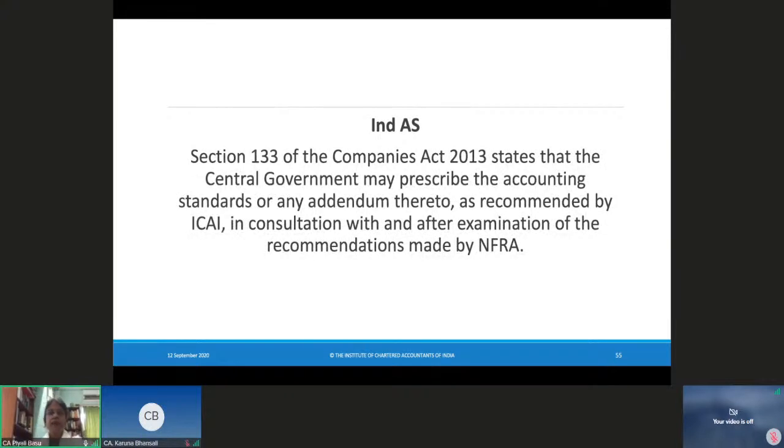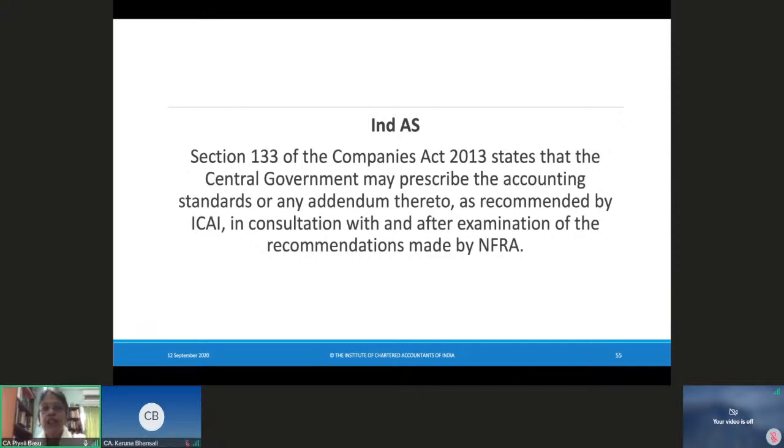Just remember, Section 133 of the Companies Act, as you are already aware, states that the central government may prescribe the accounting standards and any addendum thereto recommended by ICAI in consultation with and after examination of the recommendations made by NFRA. That's all. You have a separate paper.